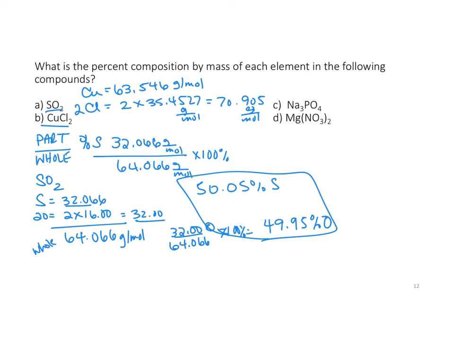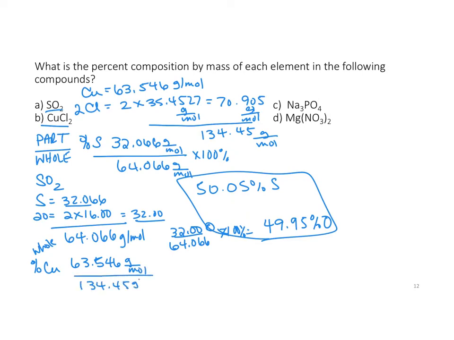And then we add that to the 63.546 to find out the whole, which is 134.45 gram per mole for the whole compound. And now we can do the percent that belongs to copper, would be the part of the copper, 63.546 grams per mole, divided by the whole, 134.45 gram per mole, times 100%.